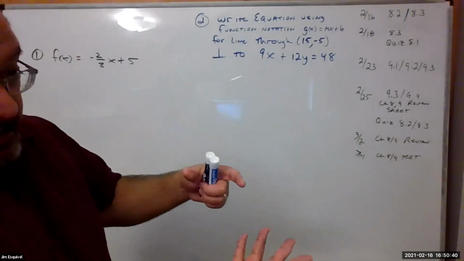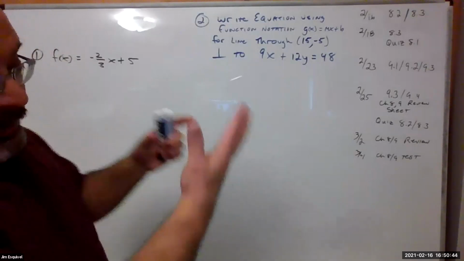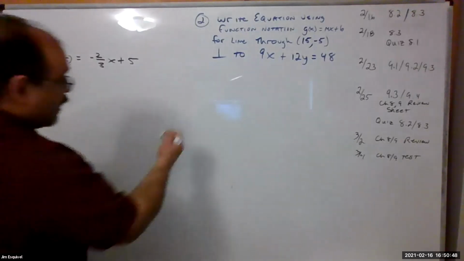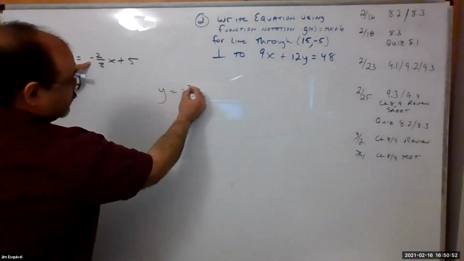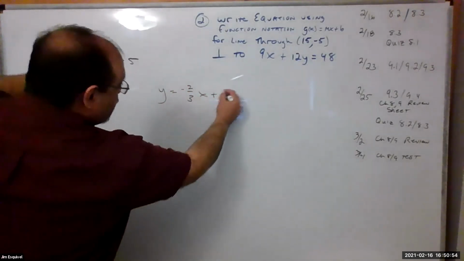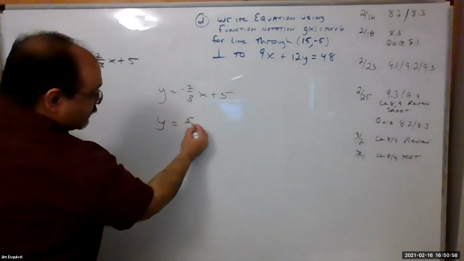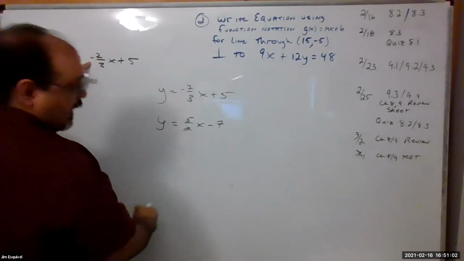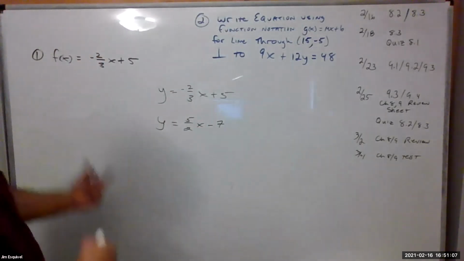So one way of labeling one distinctive equation from another equation, if they're both called y, so if you have y equals negative 2/3 x plus 5, and you have a second equation, y equals 5/2 x minus 7, and you graph each one, how do we know which y is which y?